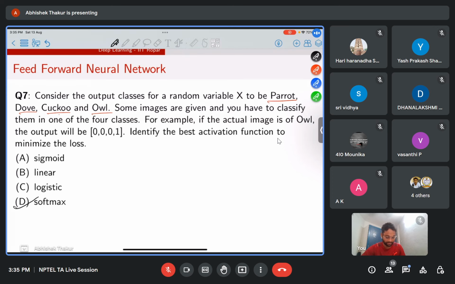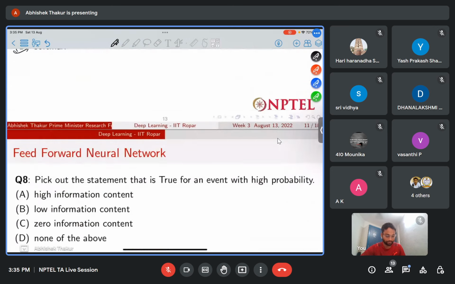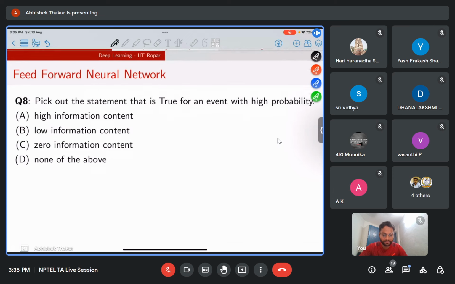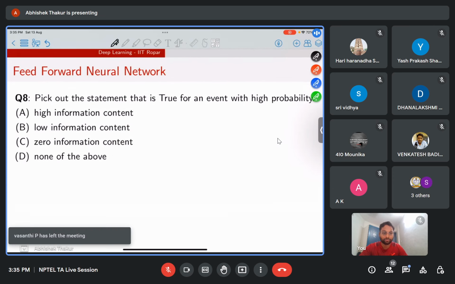In the next question we will see why the loss function is cross entropy with the softmax function, and why we don't use the mean squared error. So question 7 is a very easy one, where we directly classify a given image into one of the four classes.